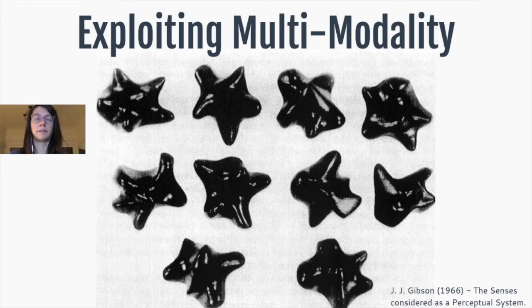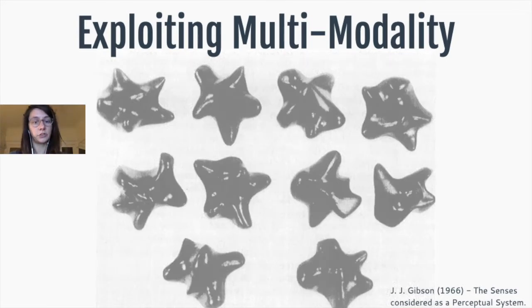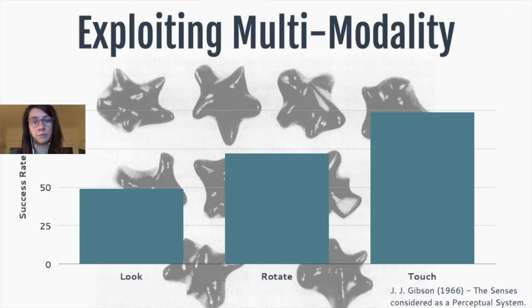These human subjects, it turns out, were most successful if they could actually touch and rotate these objects instead of just passively looking or only visually rotating objects. So this suggests that humans really exploit multi-modality that is only available through physical interaction.